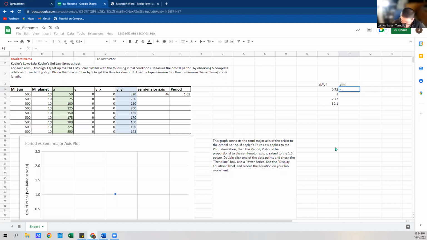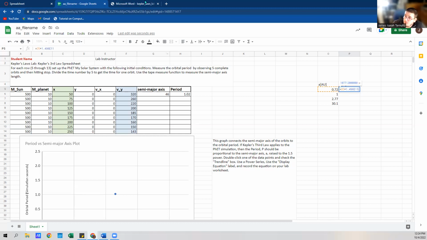So watch. I'm going to take the information that is in cell 05, and notice that it lights up, indicating that we're using that data point. And then we're going to multiply it by 1.496 times 10 to the 11.